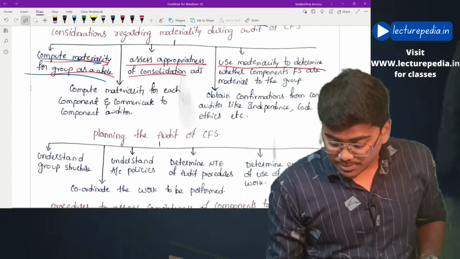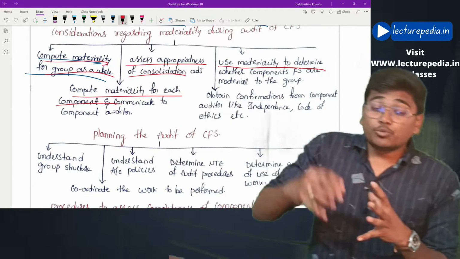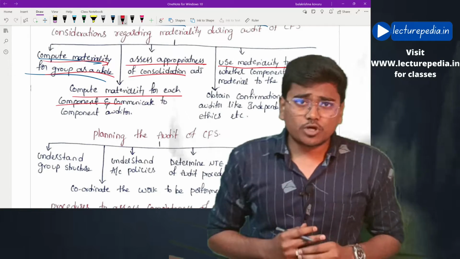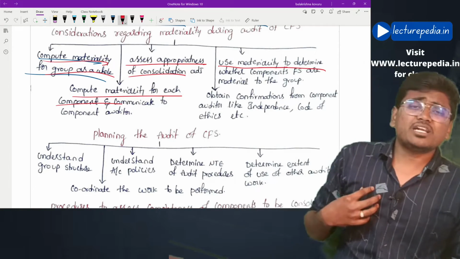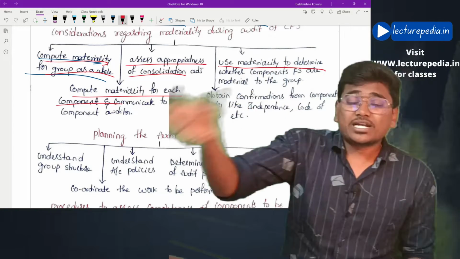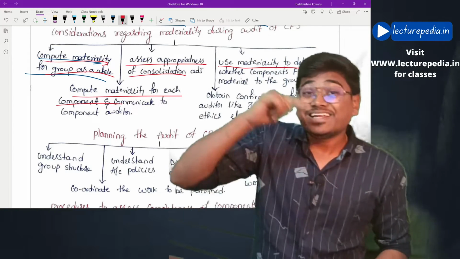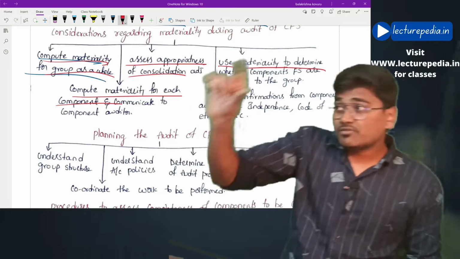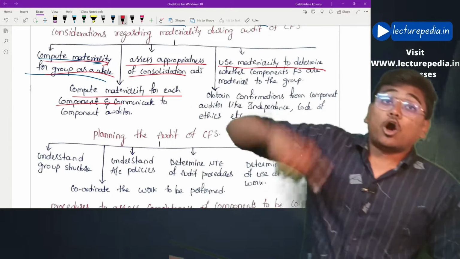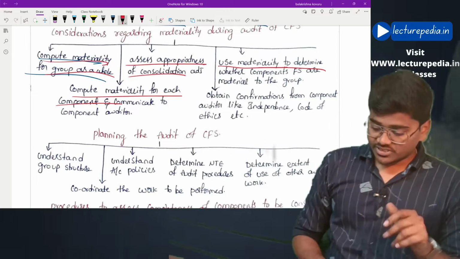Next, compute the materiality for each component and communicate this materiality to the auditor of the component. See, sometimes what the auditor can do is, if the auditor feels that the component is very important for the entire group, then the auditor can individually calculate the materiality level for that component and communicate that materiality level to the auditor of that component. Hope this is clear.